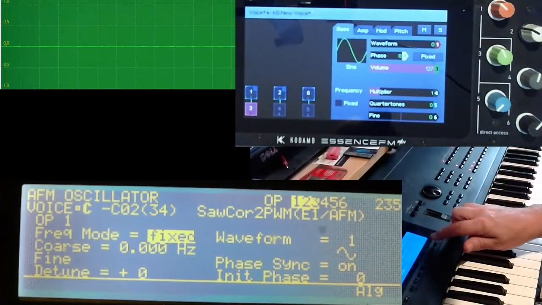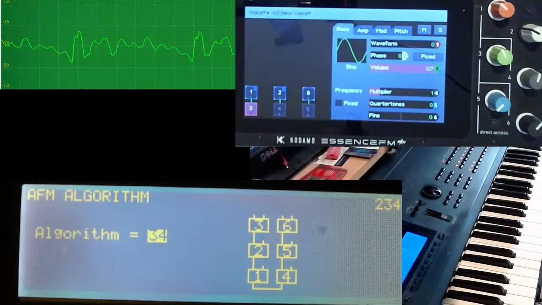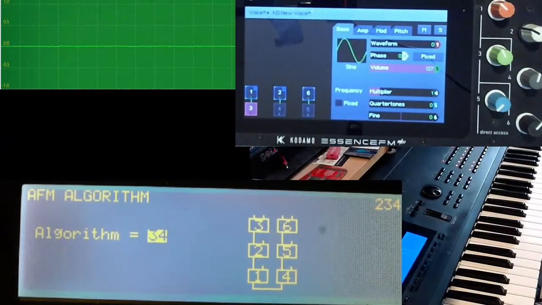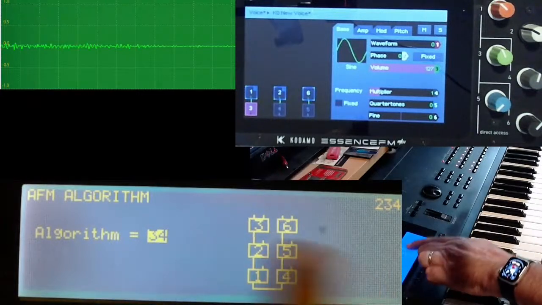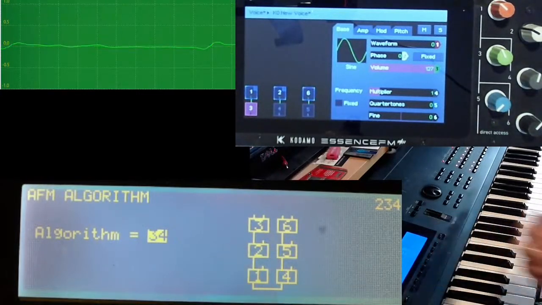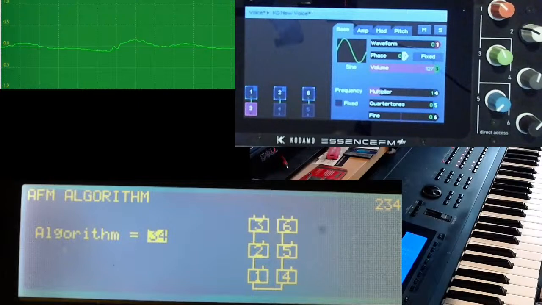So I've got this algorithm of 2 stacks of 3, and it's essentially going to be doing what I call saw core pulse width modulation, meaning I'm going to use each of the stacks to create a sawtooth wave, and we're going to play with their phase and their polarity to do some analog behaviors that are basically the same as pulse width modulation.